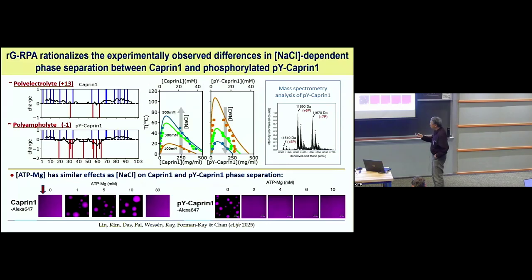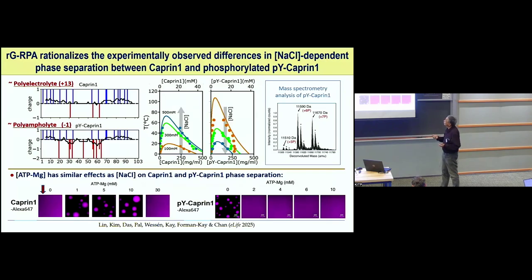Here are the charge patterns for Caprin-1 and pY-Caprin-1, and here is the RG-RPA prediction superimposed with the experimental data. The symbols are experimental data. You can see that they have different salt dependence on sodium chloride.